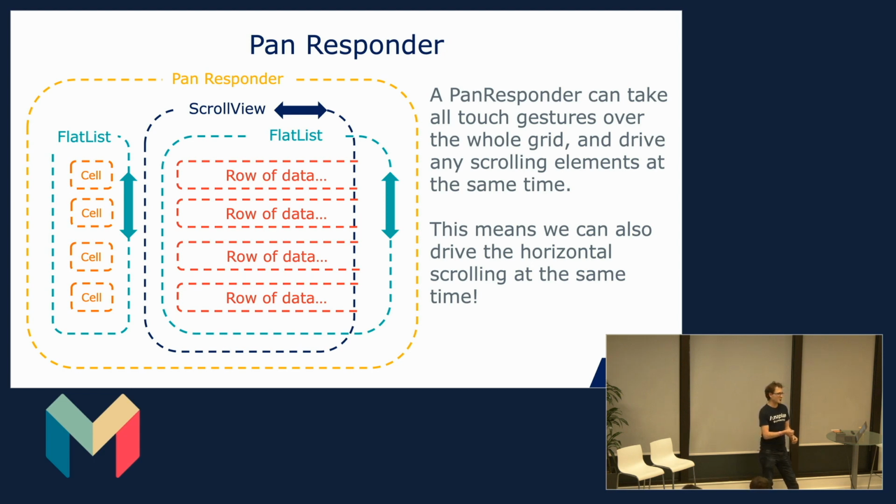So this is the added bonus of giving me that vertical and horizontal scrolling at the same time, so I can now scroll diagonally, which is a huge win in terms of user interactability. And it's allowing me to cover that problem of synchronizing my scroll lists, my flat lists.